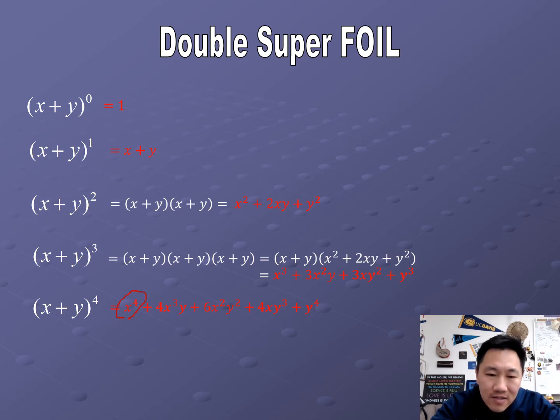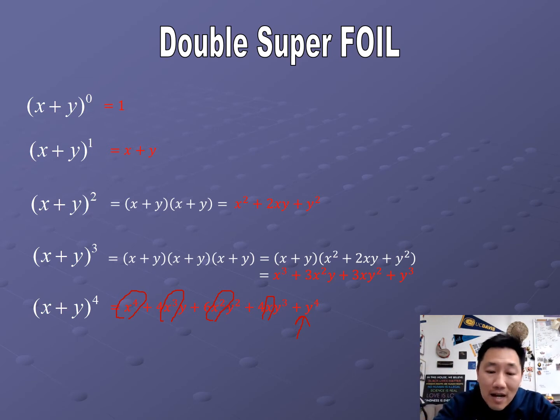Here we have x to the 4th power, and then we have x to the 3rd power, and then we have x to the 2nd power, and then we have x, and then the x is now gone. So that's a pretty clear pattern. X to the 4th, x to the 3rd, x to the 2nd. It just goes down from there.